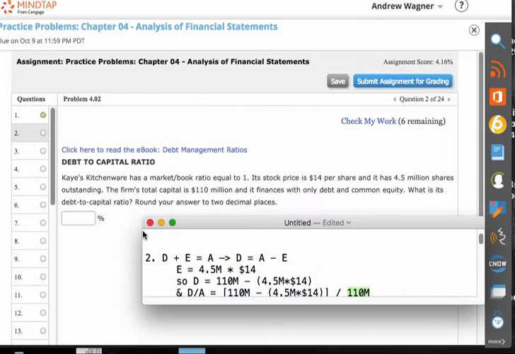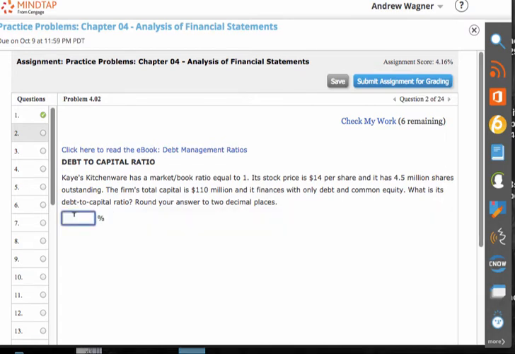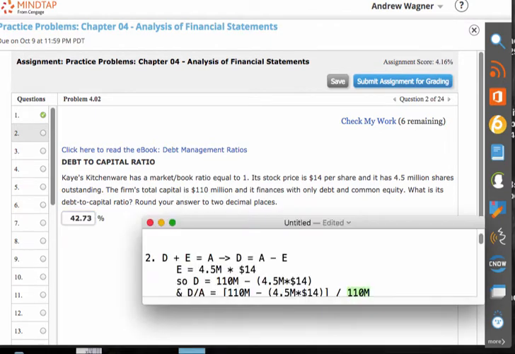So when I do that, I'm getting 42.73. You may need to see that again. Of course, you can back up the tape, but there's more than one way of getting this. By the way, you could have solved for the equity ratio, that is equity over assets.